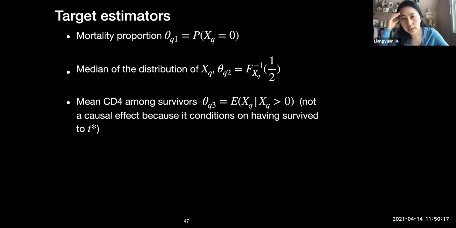So we're interested in, of course, the mortality proportion, and we're also interested in the median value of the composite outcome. We also look at CD4 among survivors, but note that this is not a causal effect because it conditions on having survived to time t. So this theta Q3 is not a causal effect, but theta Q1 and theta Q2, these two are causal effects.